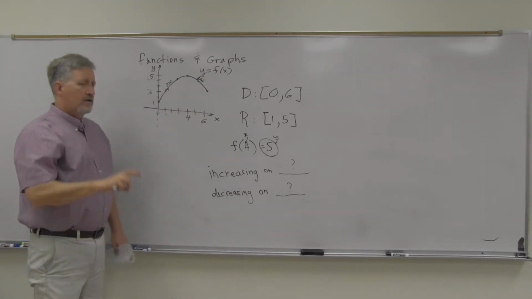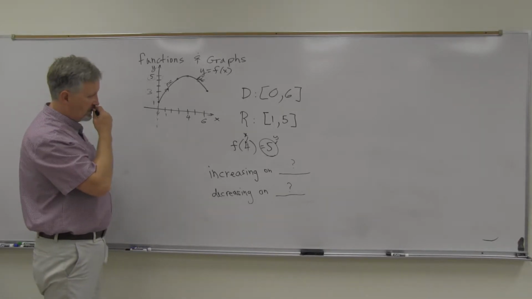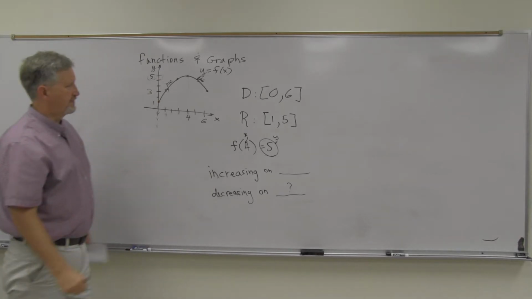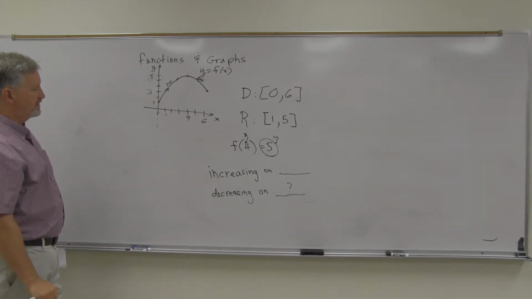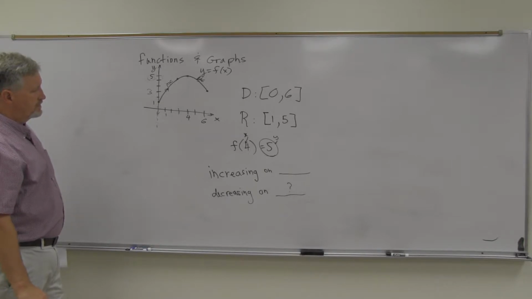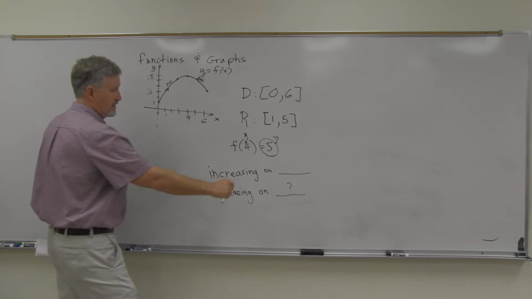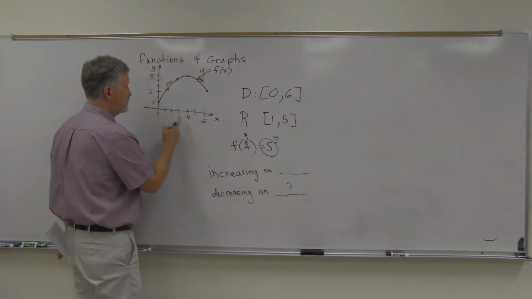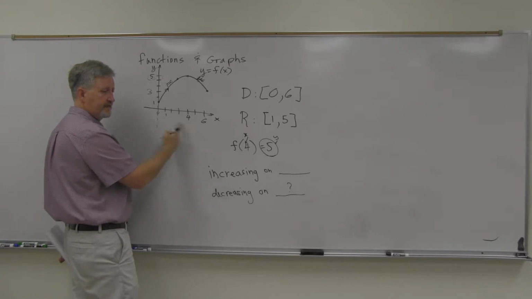Now, one thing here, and we'll talk a lot more about this and explain more about this in a few days down the line. What we use is the x-axis intervals.